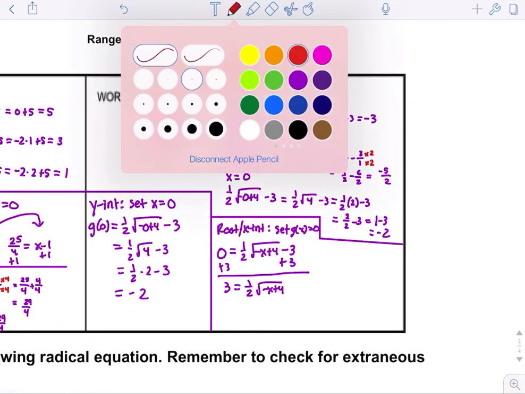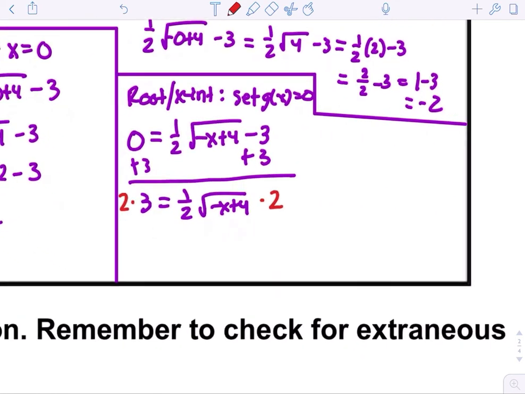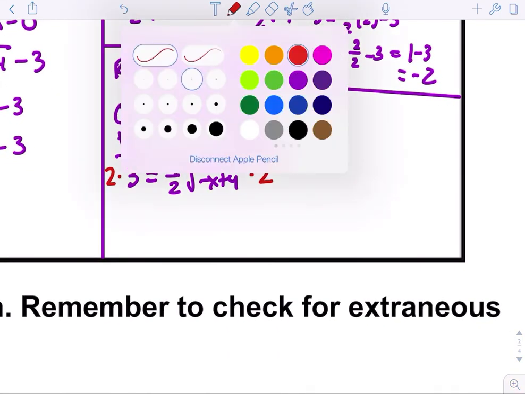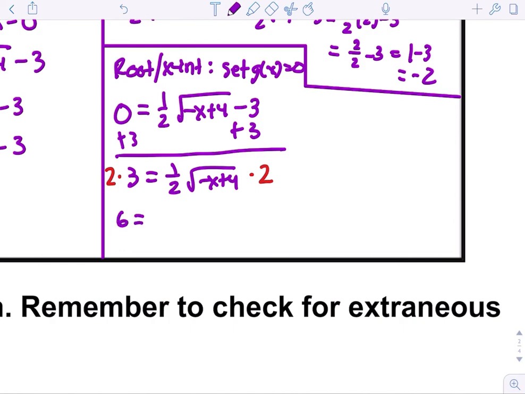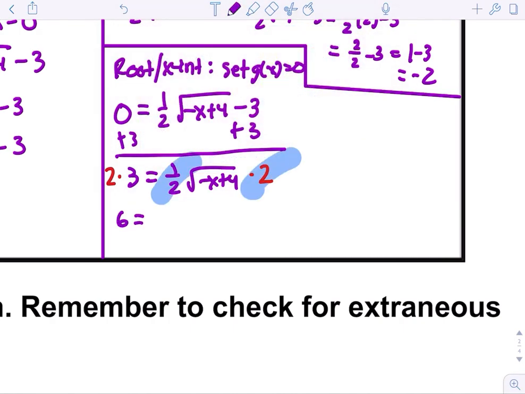I'm going to multiply both sides by 2, because if I multiply both sides by the reciprocal of the fraction, they're going to cancel. So we get 6 equals square root of negative x plus 4.